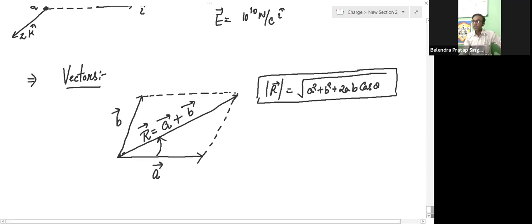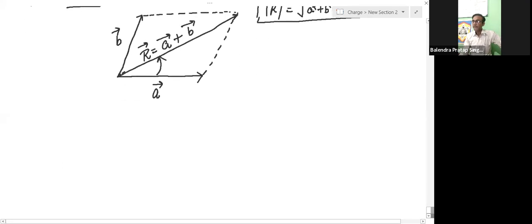Now let's take another case. In that case, I'm considering two vectors: one vector is vector A, and another vector is also vector A. These two vectors are equal and perpendicular to each other.